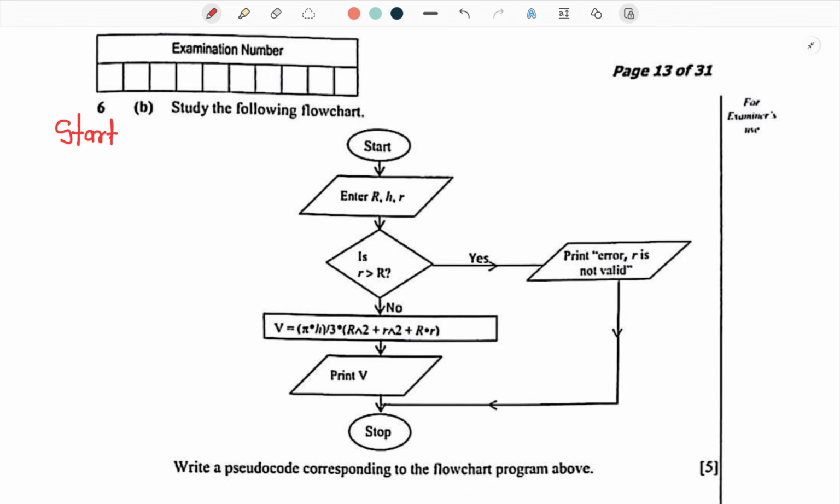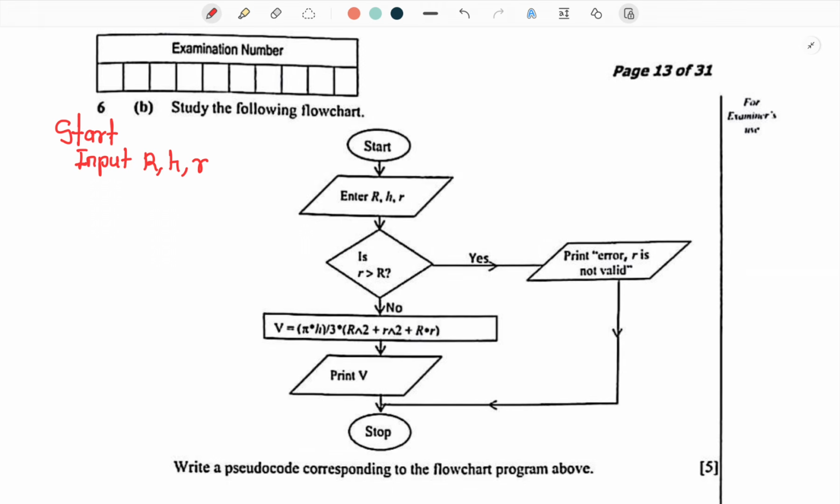Instead, you write the word input. So enter will be replaced with input. So you slide a bit, you say input R, comma H, comma R. From there, they are saying is R greater than capital letter R.